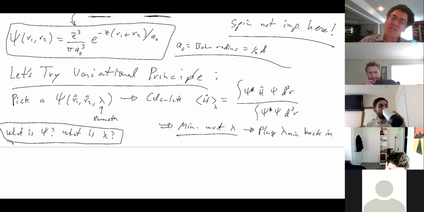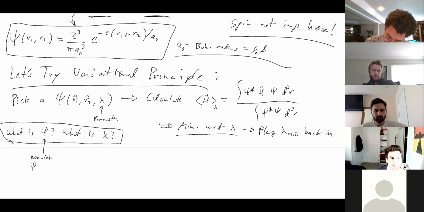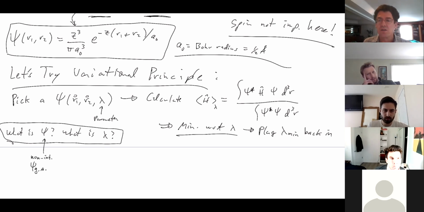Good. But now stare at it and you say, okay, there it is. But what is going to be my parameter that I vary? So you got psi, very good. But what is the parameter? Is it A naught?